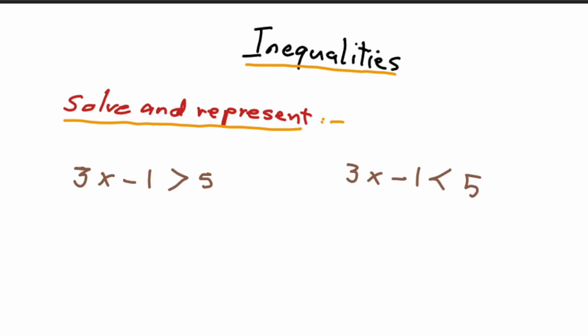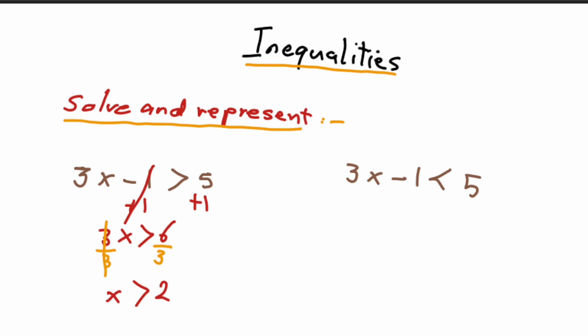So what I will do here is plus 1 on both sides. This will cancel, so I will have 3x more than 5 plus 1, which is 6. And then we divide by 3. You will get x is more than 6 divided by 3, which is 2.